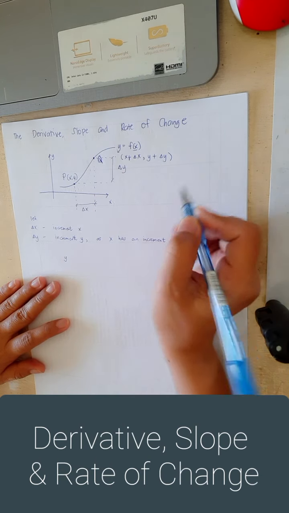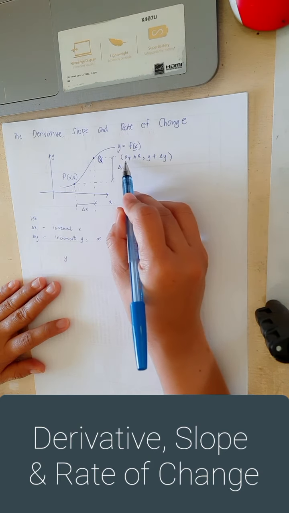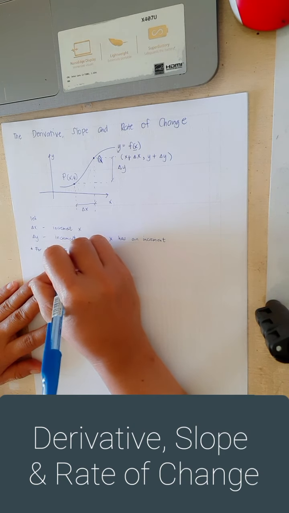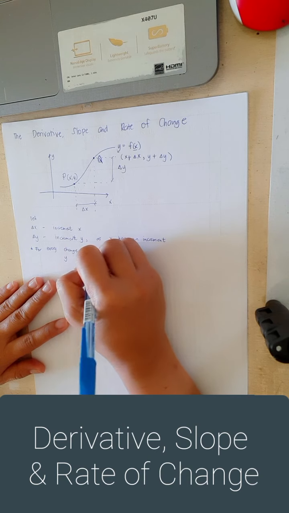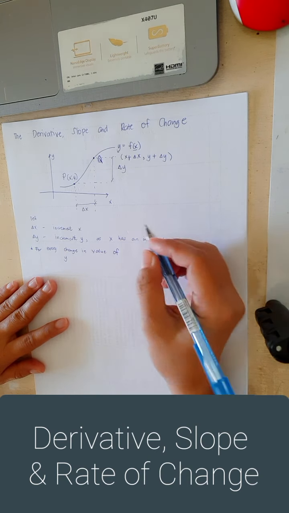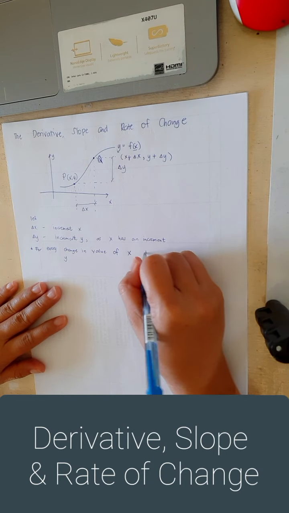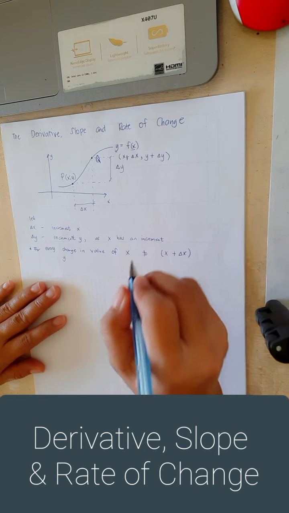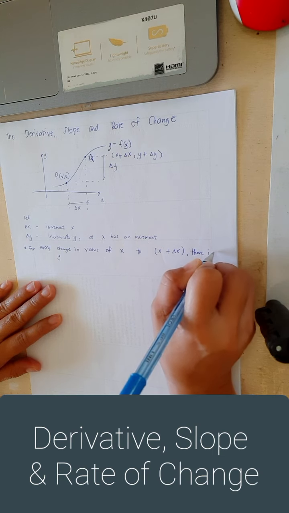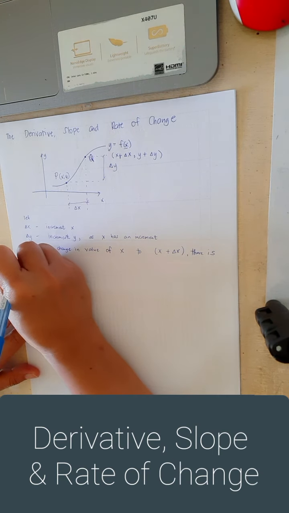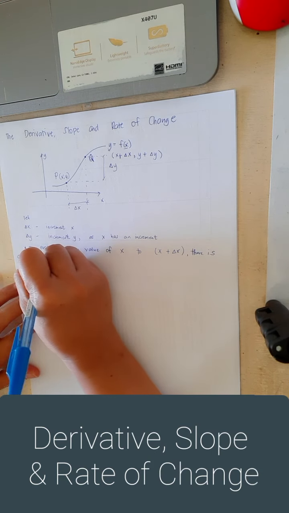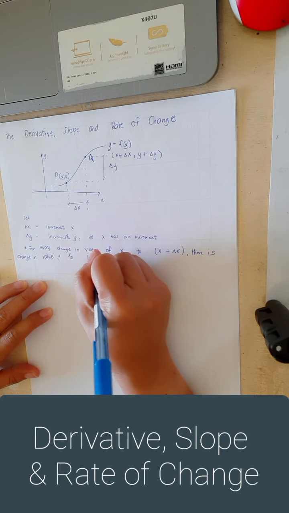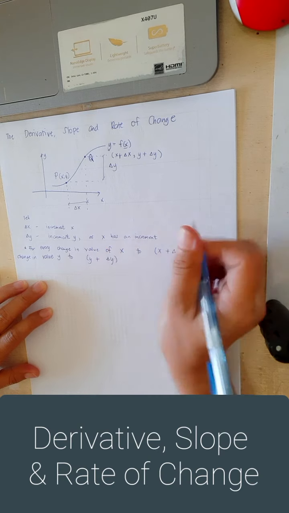For every change in value of x to x plus delta x, there is a change in value of y to y plus delta y.